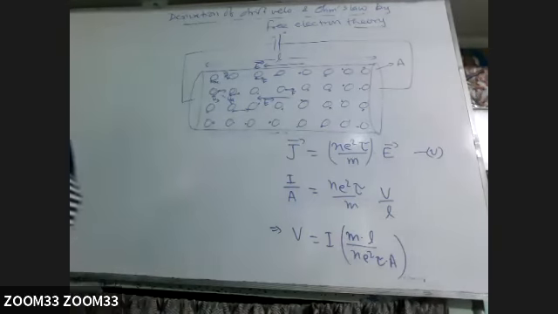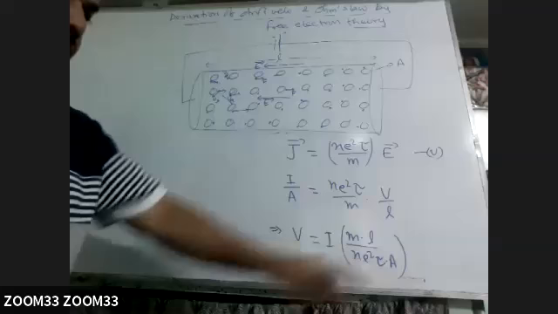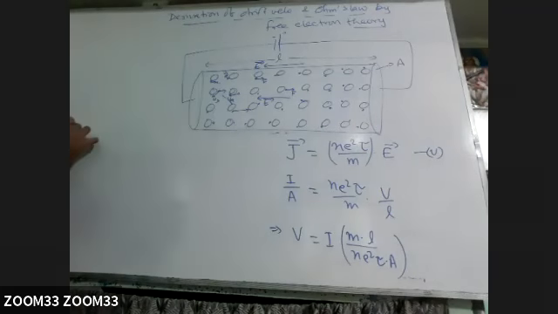So this is resistance. V is IR, so this is resistance.